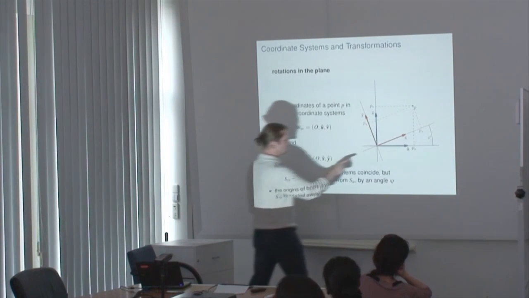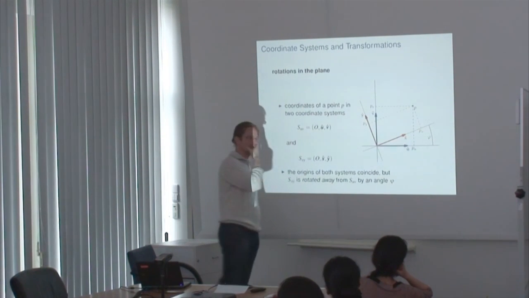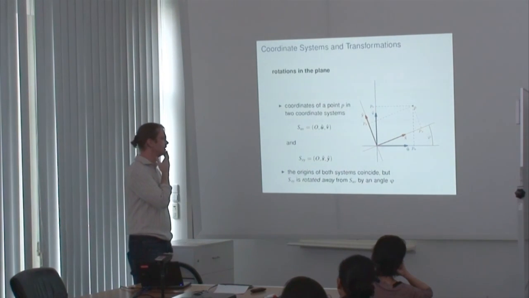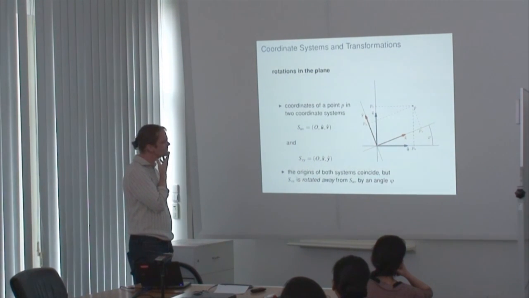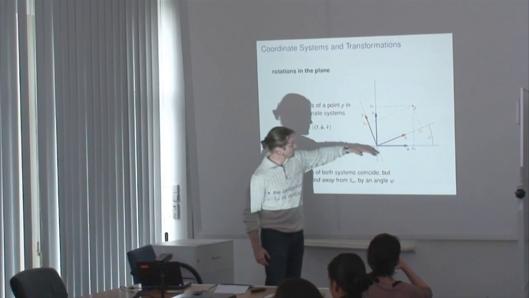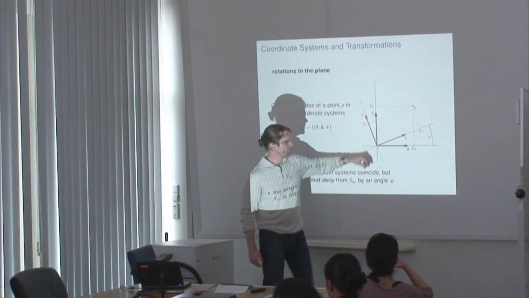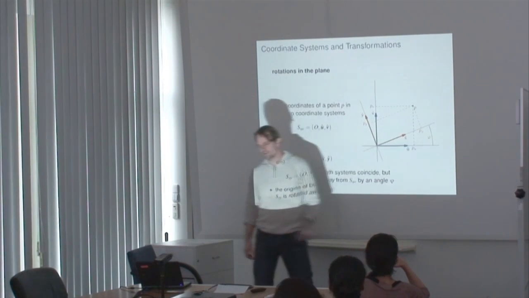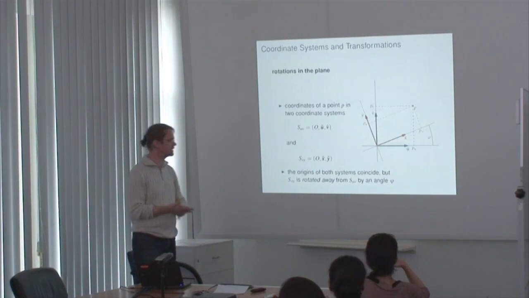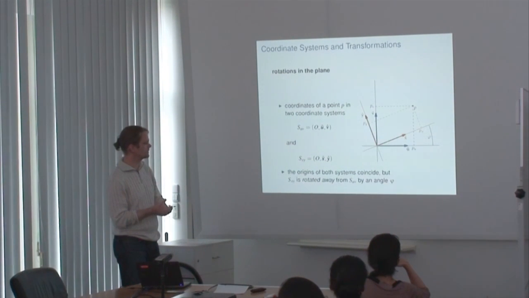Here we are talking about the x hat and the y hat axis. And just from looking at this figure, it appears that the difference between these two systems is that the orange one is rotated away from the blue one by an angle of phi. Phi is yet another Greek letter. For those of you who have never seen it, the Latin corresponding letter would be F. But this is phi, quite often used in these contexts.